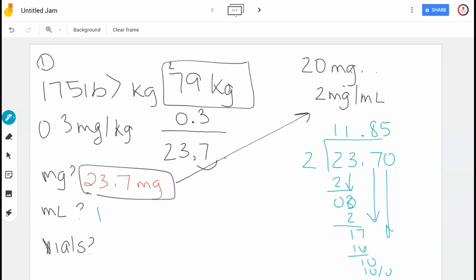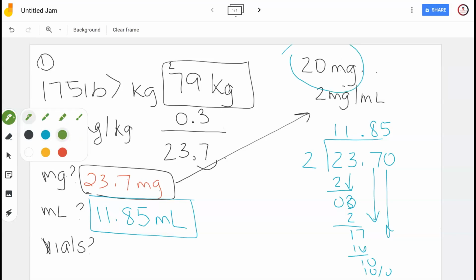So you are going to need 11.85 milliliters. So if you have a 20 milligram vial, you already know that you are going to need 2 vials.